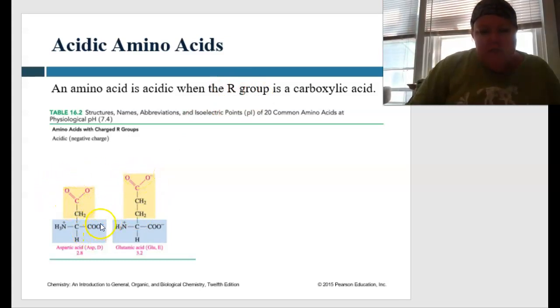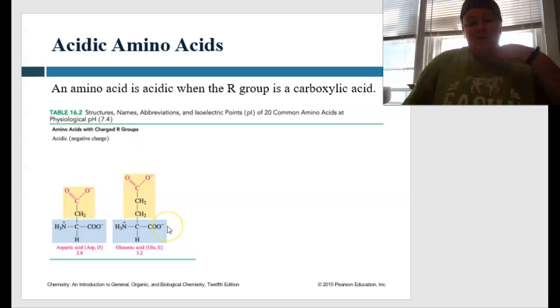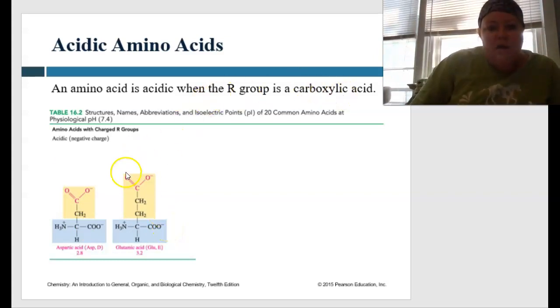So it's going to look very similar to the backbone, because the carboxyl group is COOH versus COO minus. The R group is the same as the backbone, but don't get them confused. It's acidic when that R group is the carboxyl group, otherwise known as the carboxylic acid. Since acid is the root of the word, we know that it's acidic.